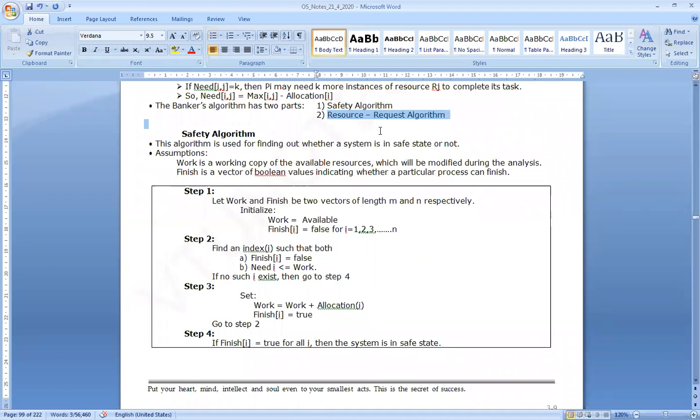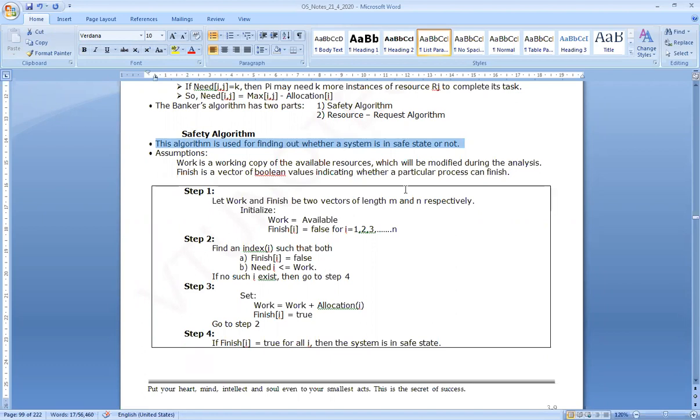What is the safe algorithm? This algorithm is used for finding out whether a system is in a safe state or not. What do you mean by safe state?